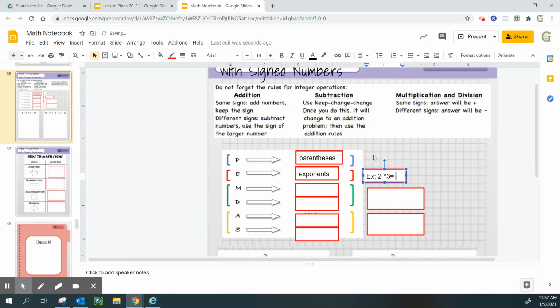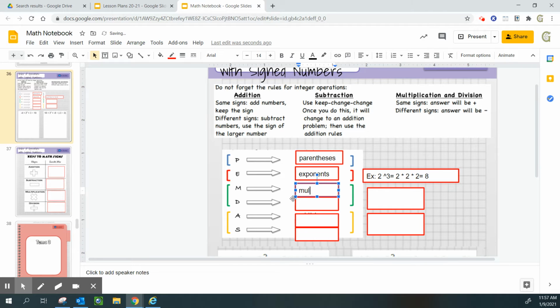What that means is to do 2 times 2 times 2. So the number 2 gets repeated, the first number there, and then the little number is how many times. And so 2 times 2 times 2 is not 6, by the way. It's 2 times 2, which is 4, and then 4 times 2, which is 8. So remember that with exponents. That kind of messes us up sometimes.